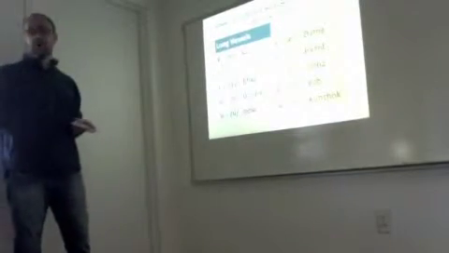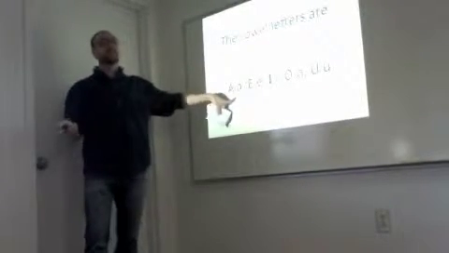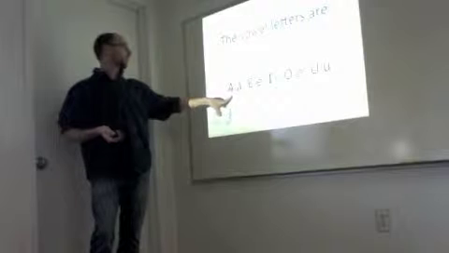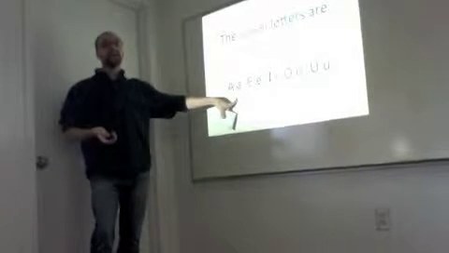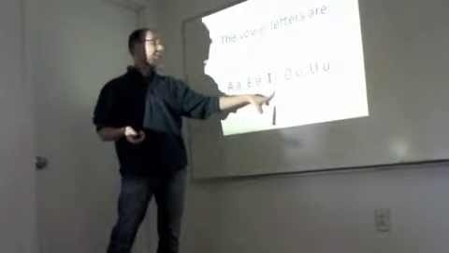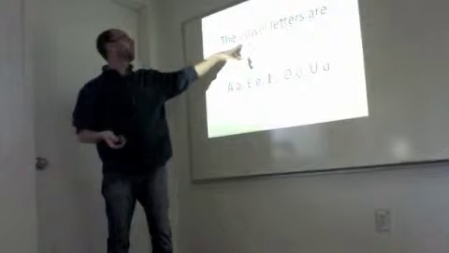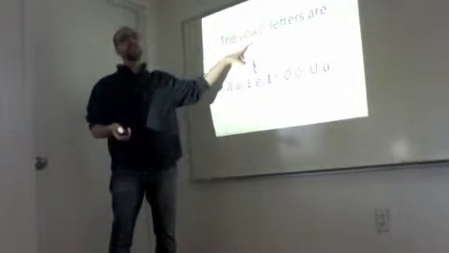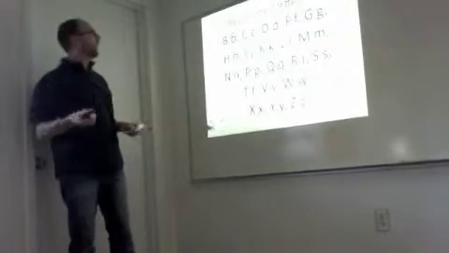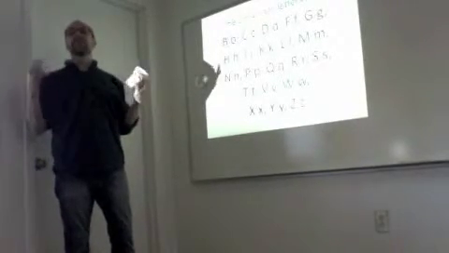Okay, so, let's see. Okay, so the vowel letters are A, E, I, O, U, right? These letters are vowels. And the consonant letters are everything else, right?